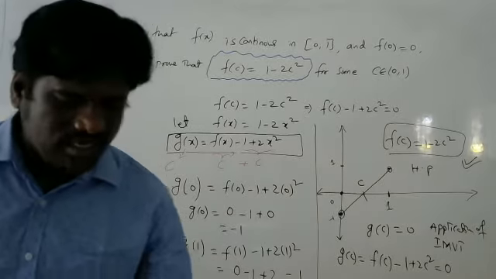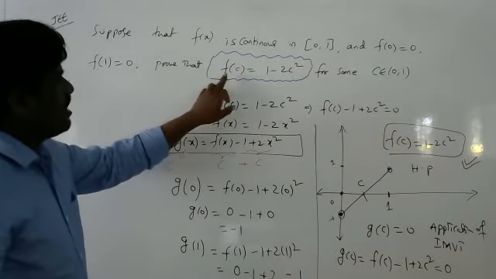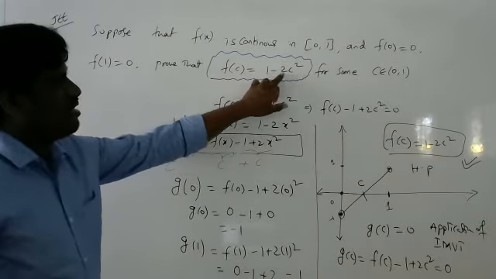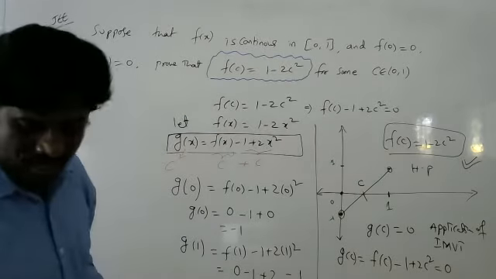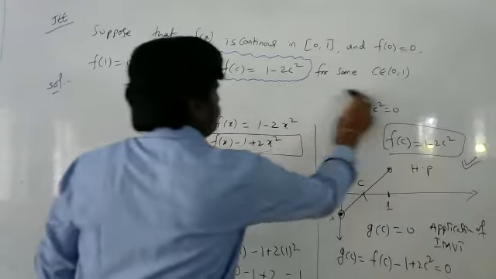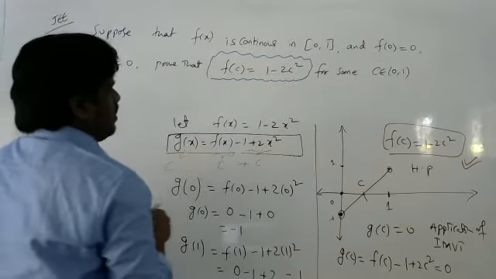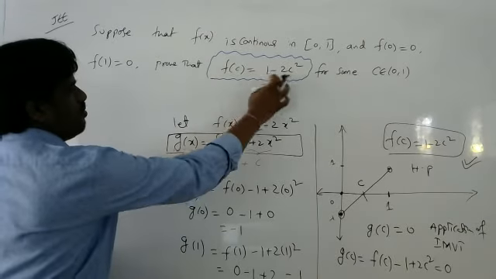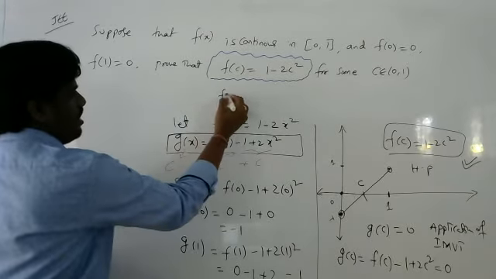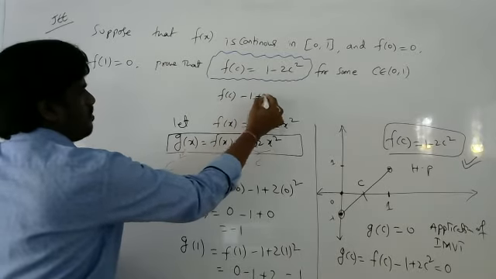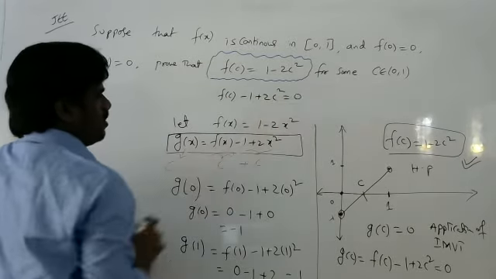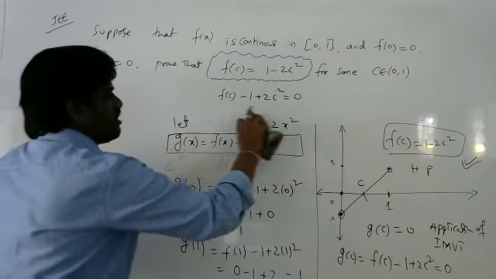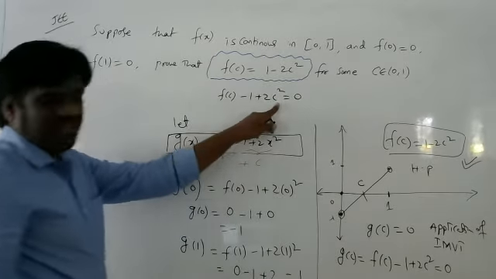I repeat once again. Listen to me carefully. The given is f of c equal to 1 minus 2c square. See the steps. First, f of c minus 1 plus 2c square equals 0. Then I assume this whole thing as one function.